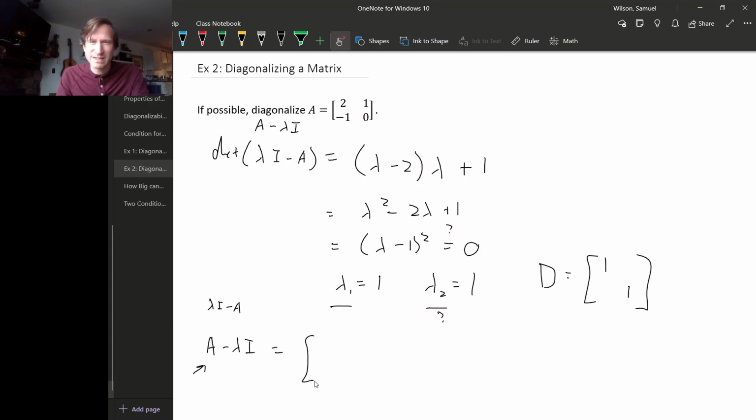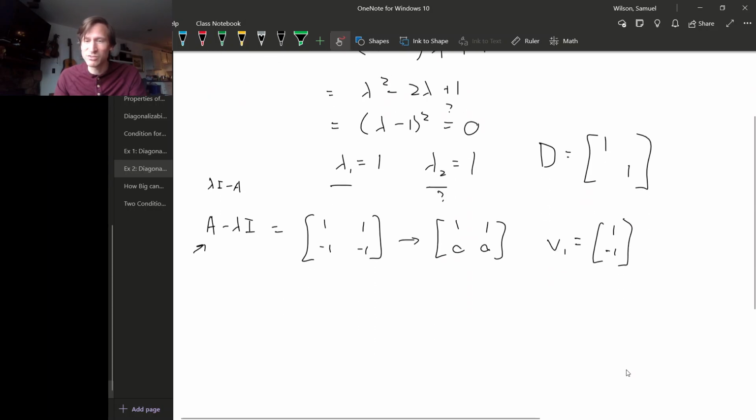So our eigenvalue is 1, so we're going to get 1, 1, negative 1, negative 1. And when we row reduce, we get 1, 1, 0, 0. And so our null space is one-dimensional, and it's spanned by 1, negative 1.